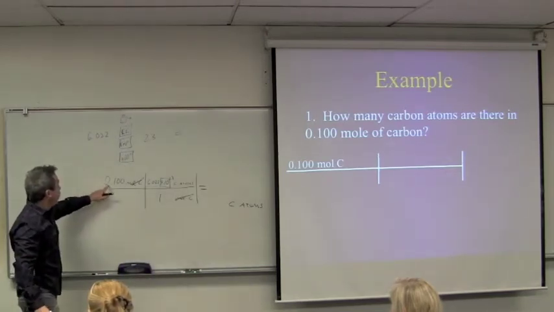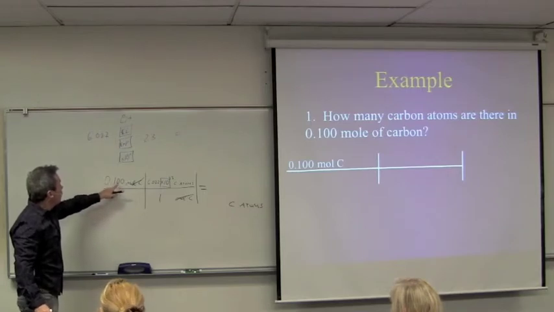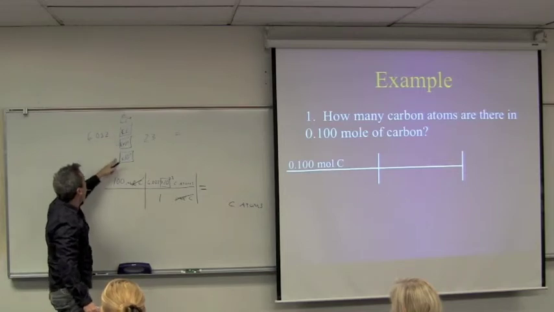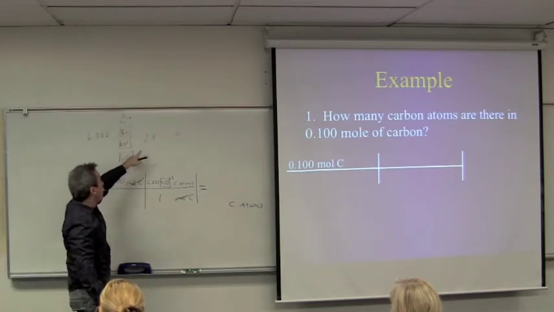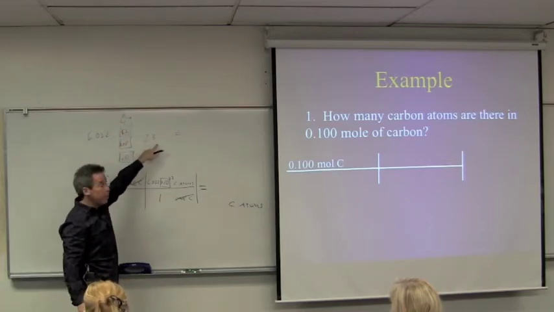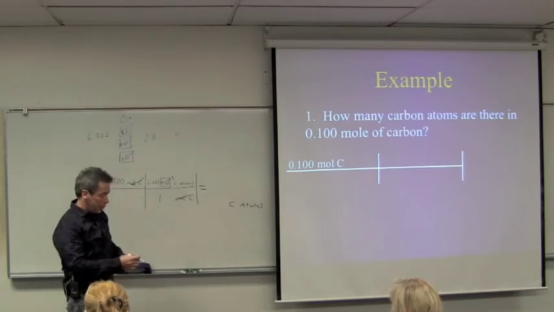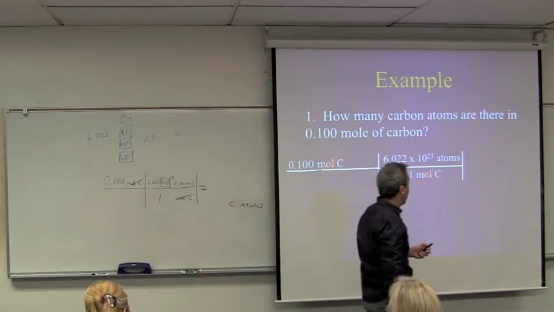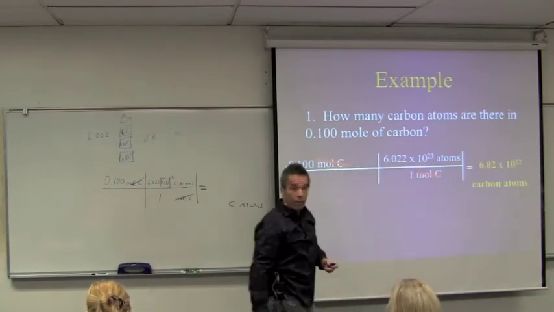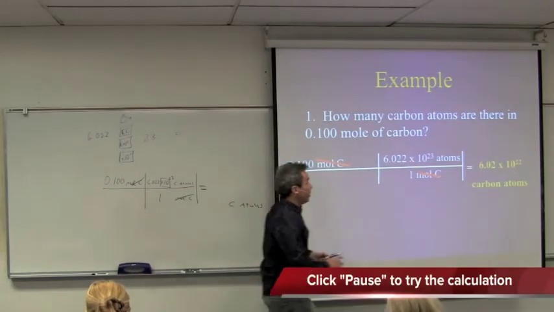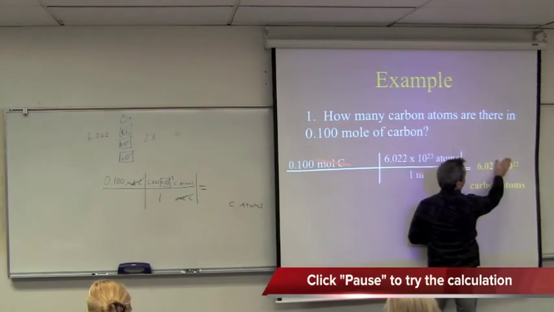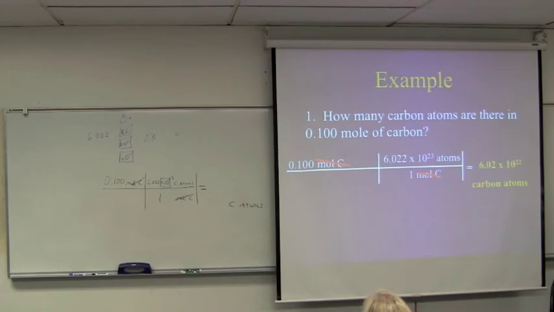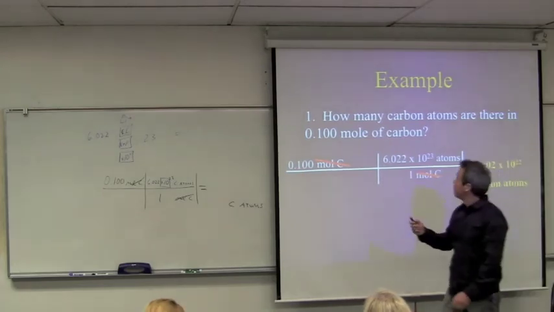So 0.100 times 6.022, either one of these or second function EE, then 23, equals. And when you do that, you should get that. Your calculator might just say that. You have different calculators. All right, we got it?